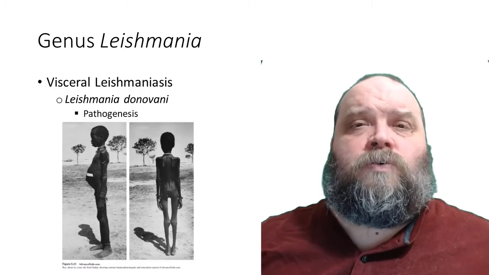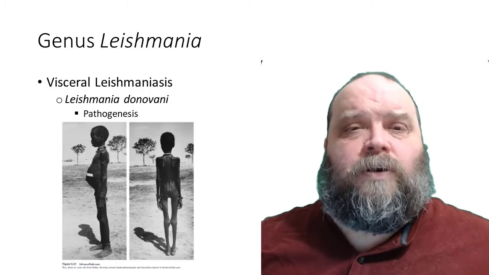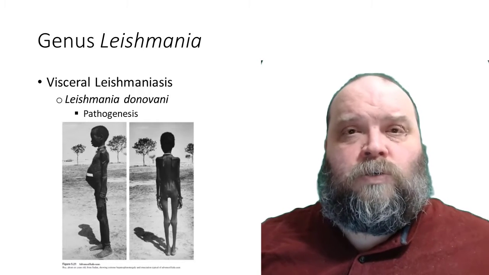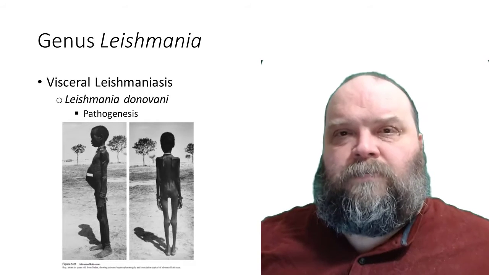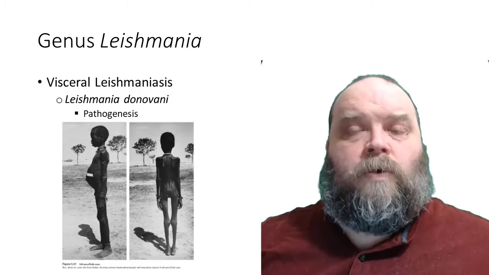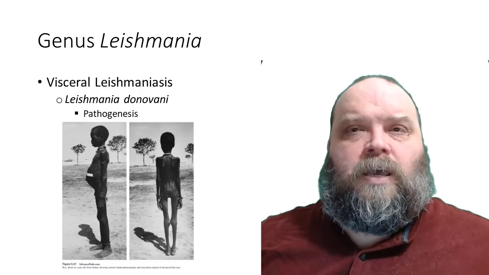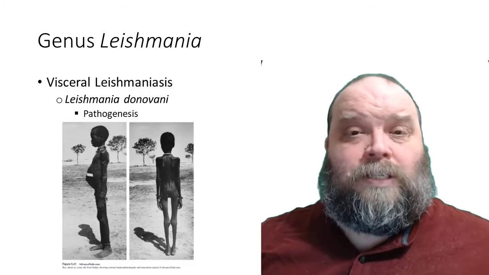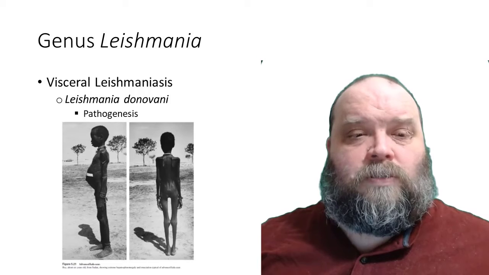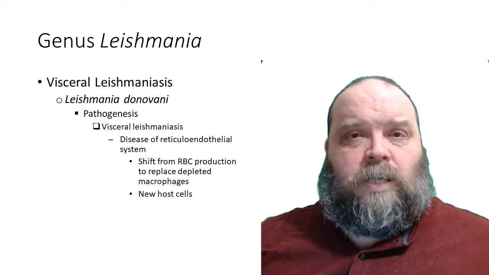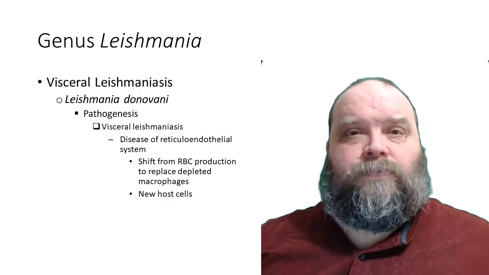Now this is due to the enlarged liver and the enlarged spleen, which are swelling due to an overreaction of the inflammatory response, the accumulation of white blood cells, and the accumulation of the parasites in those tissues within those organs. This is what's known as visceral leishmaniasis.